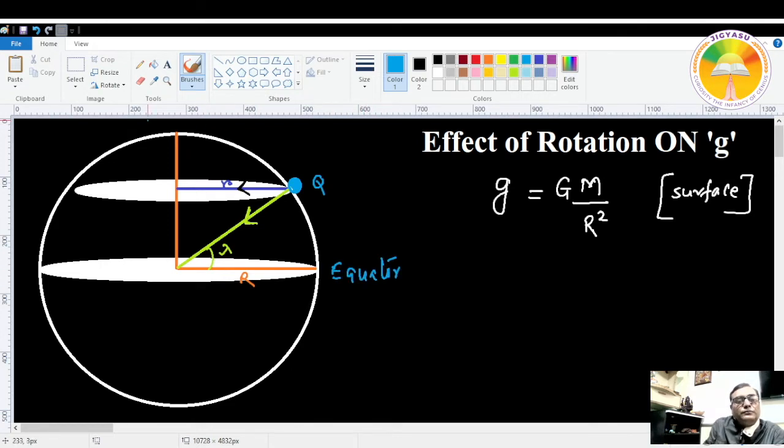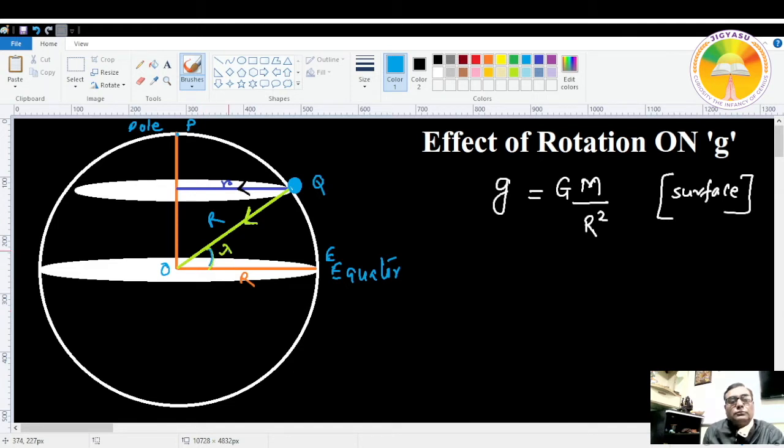This is the pole. We can call it P, we can call it E. This is our center O, the center of the earth. OQ is going to be the radius, which is R.